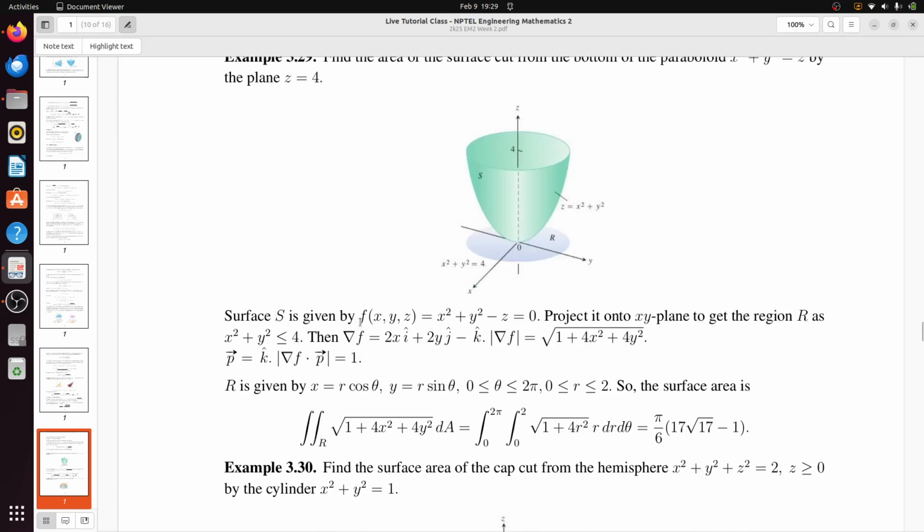Surface S is given by f(x,y,z) equal to x square plus y square minus z equal to 0. So you need to project it on the xy plane to get the region R as x square plus y square less than or equal to 4.